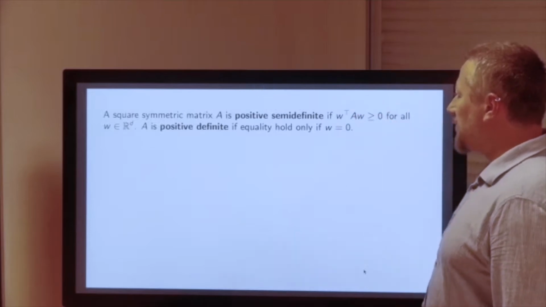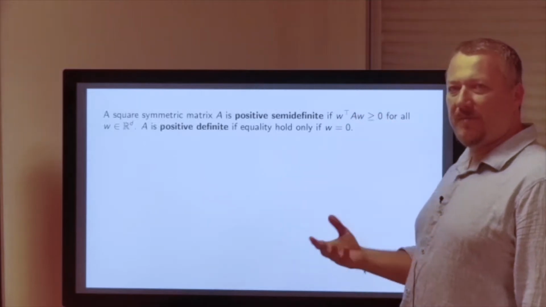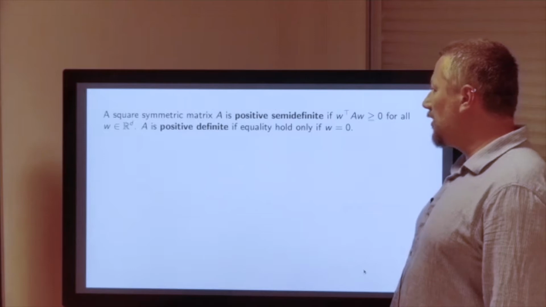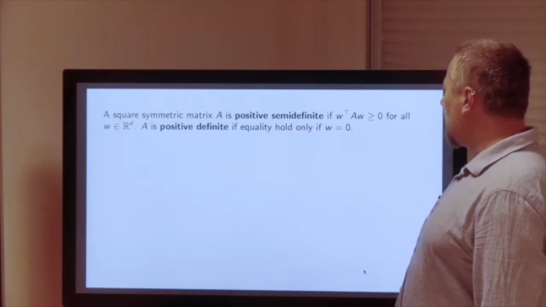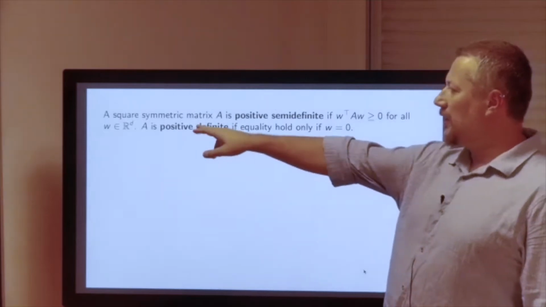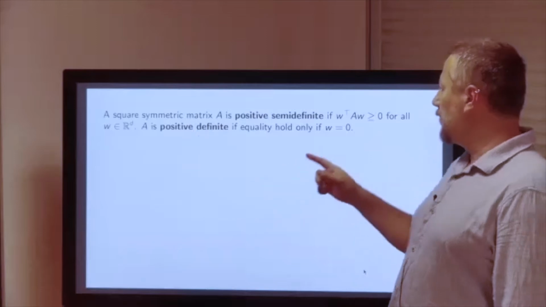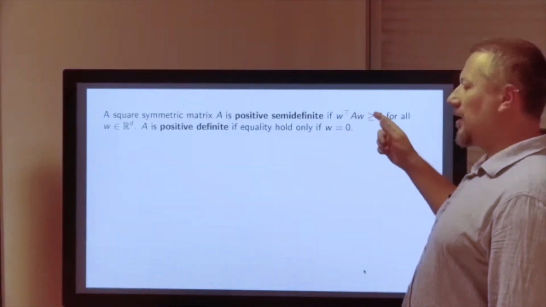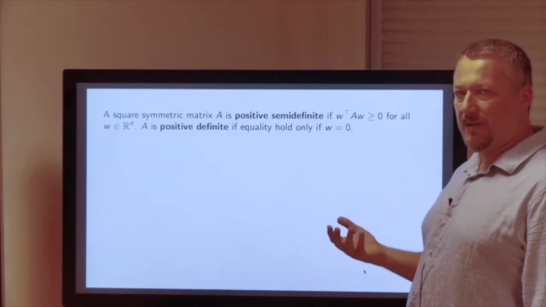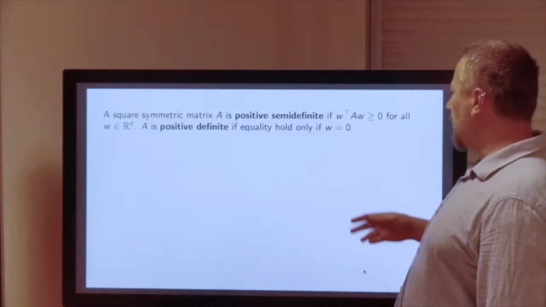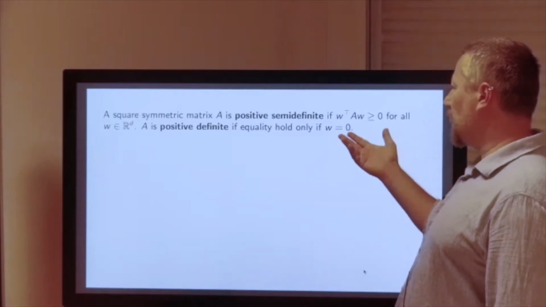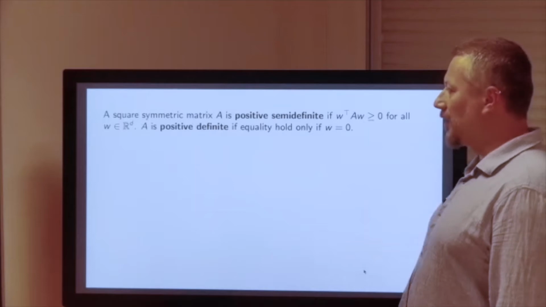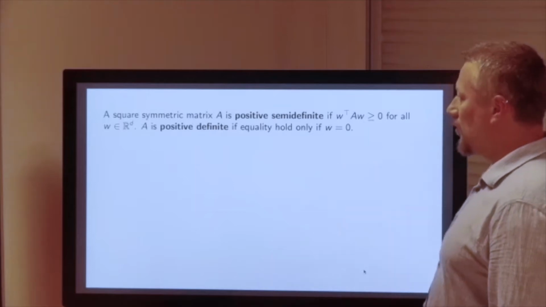In general, if you have a square symmetric matrix A, we will call it positive semi-definite if for any vector omega in R^d, the inner product of omega with A times omega is always bigger than or equal to 0. And if this is strictly bigger than 0 for non-zero vector omega, then A is called positive definite.